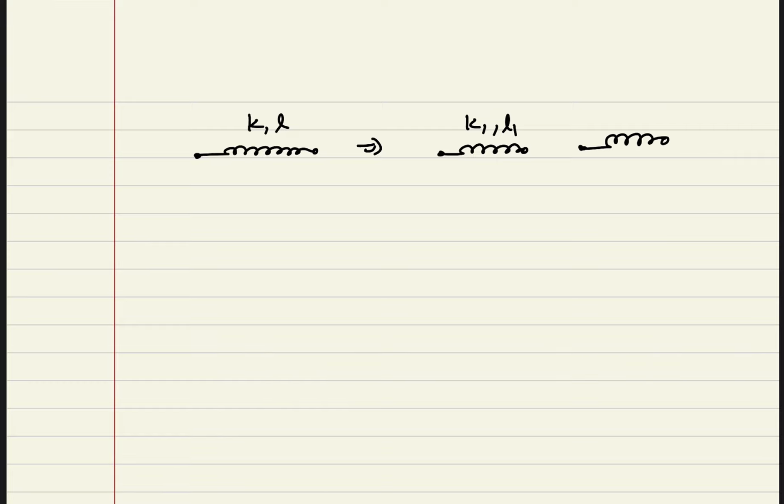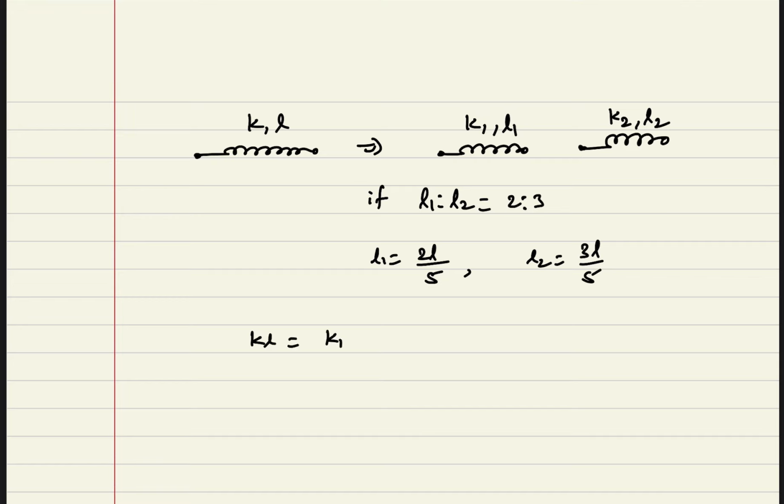In the same manner, if I cut the spring like this, with K and length L, into a first part K1 and L1, and a second part K2 and L2, and L1 is to L2 is equal to 2 is to 3, then L1 is equal to 2L divided by 5 and L2 will be 3L divided by 5. Now, as per our relation, K into L is equal to K1 into 2L by 5.